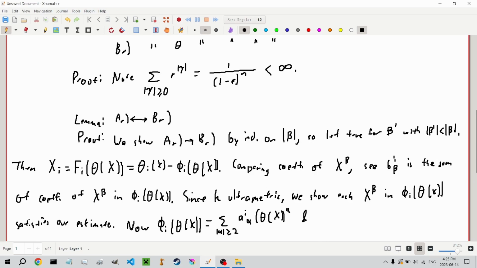And likewise, theta of x to the alpha consists of theta_1 of x to the alpha_1 through theta_n of x to the alpha_n.